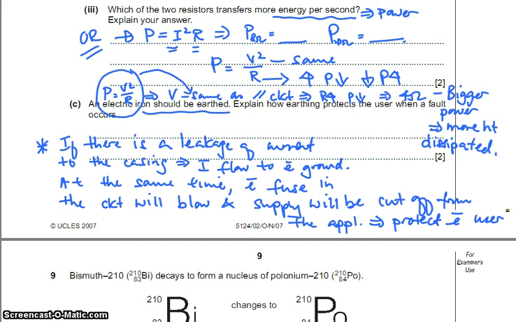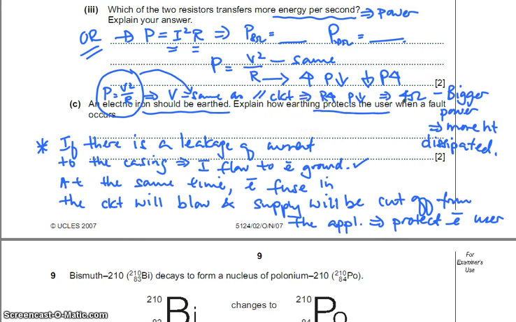Now a common mistake actually is to simply mention that the current will flow to the ground. You just mention this. This is not sufficient, because you have to talk about how you protect the user.